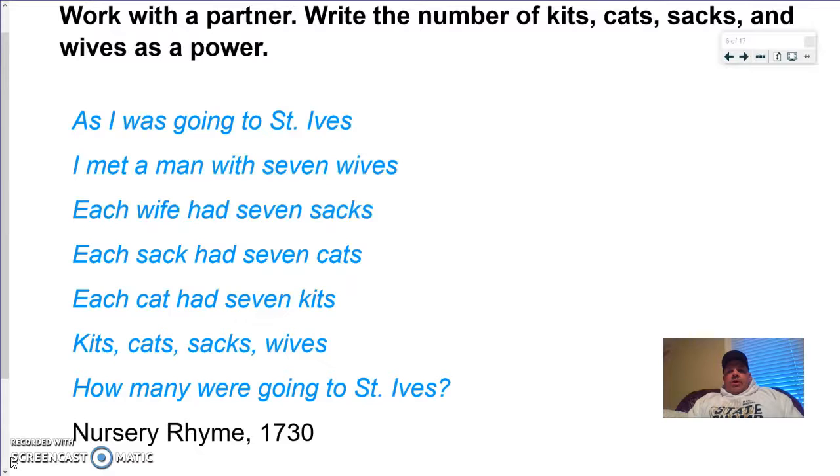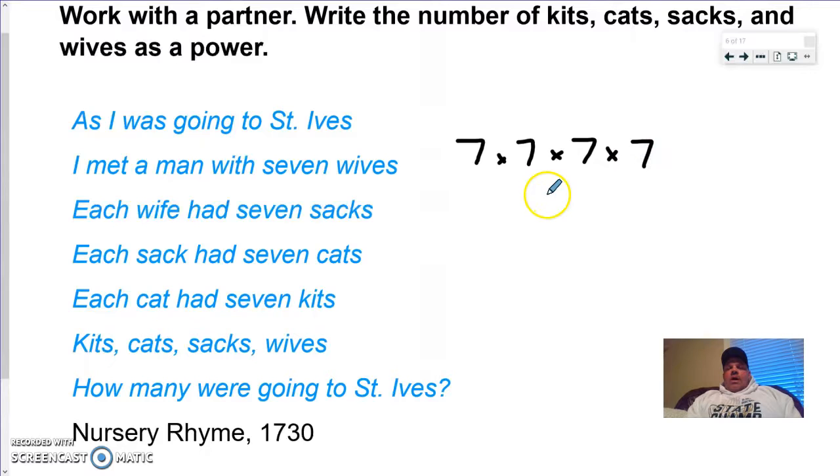So this is a little bit of a trick question, and this is why it's a good riddle. They want you to write the number of kits, cats, sacks, and wives as a power. So I know that there are 7 wives. Each one has 7 sacks. Each sack has 7 cats, and each cat has 7 kits.